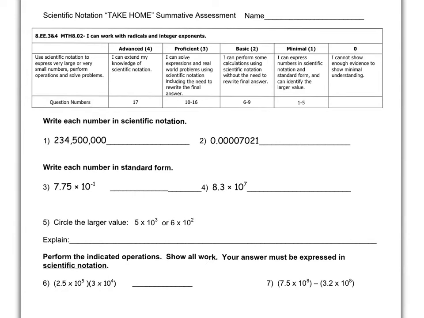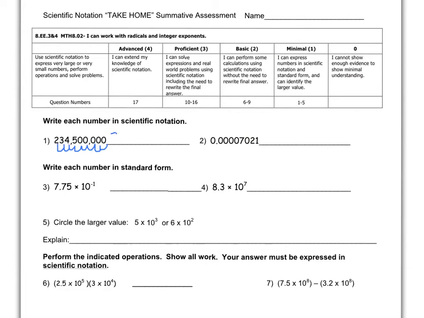Okay, so the first 5 problems are the minimal, expressing in scientific notation in standard form and then deciding which is greater. So, to write a number in scientific notation, remember you are moving the decimal until you have a number that is between 1 and 10.